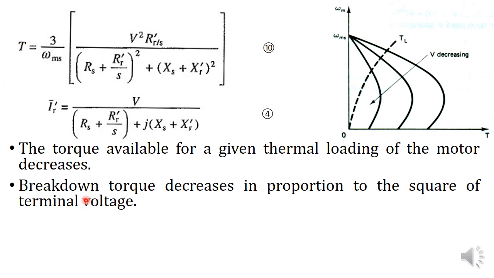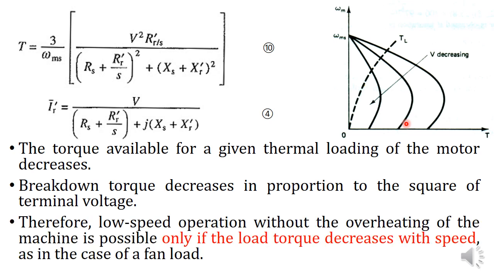And also we have discussed the maximum torque. Breakdown torque decreases in proportion to the square of the terminal voltage. So such drives, that is stator voltage control drives, can be used for applications in which the load torque decreases with speed.